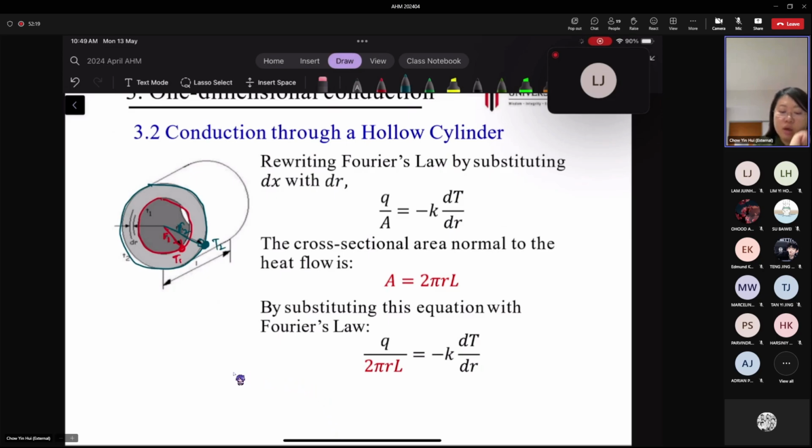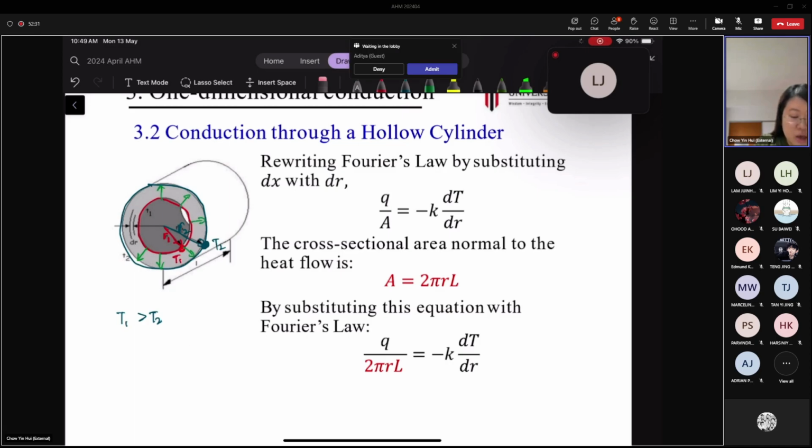So if T1 is greater than T2, the heat will transfer through the wall of the cylinder by conduction. We're talking about the wall of the cylinder only, so heat transfer will be by conduction radially, in the radial direction.